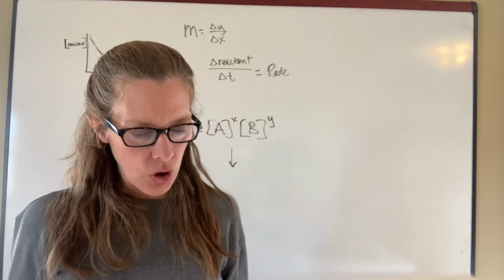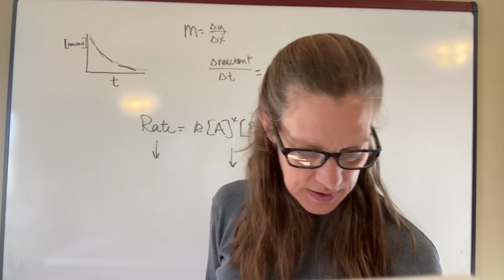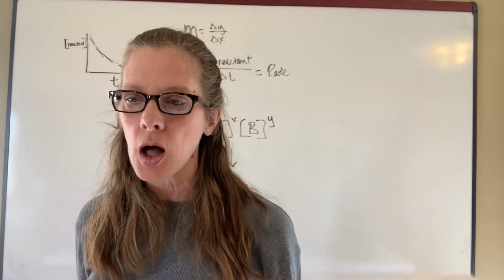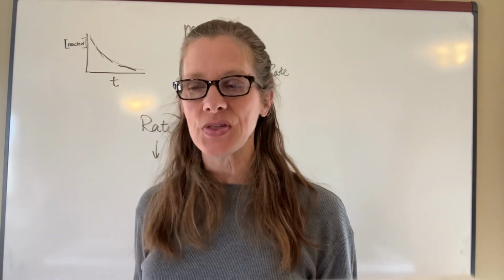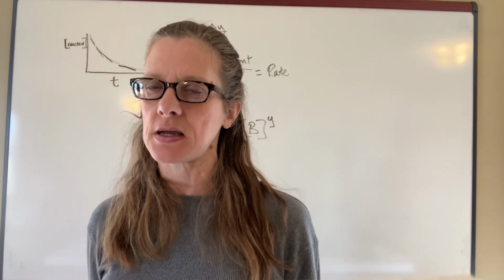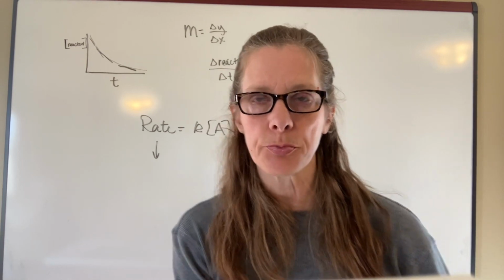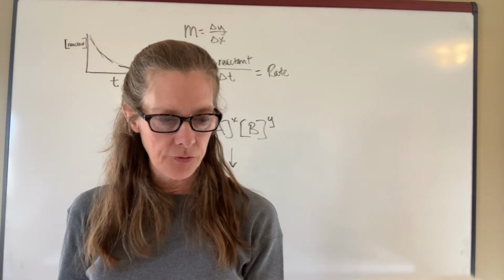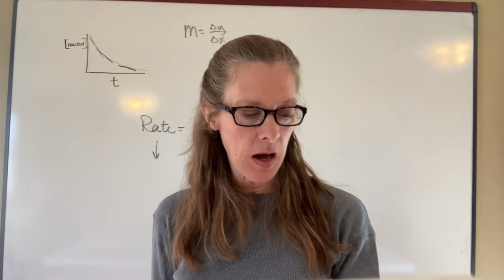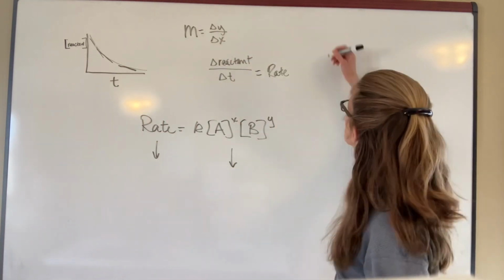So let's go through example 11.2. Again, this is not something that is going to be very difficult at all, but I'll show you how I set these up, because there are some very common mistakes that I see students make when they're working half-life problems. Example 11.2 is on page 340. A decomposition reaction has a half-life of 5 minutes.